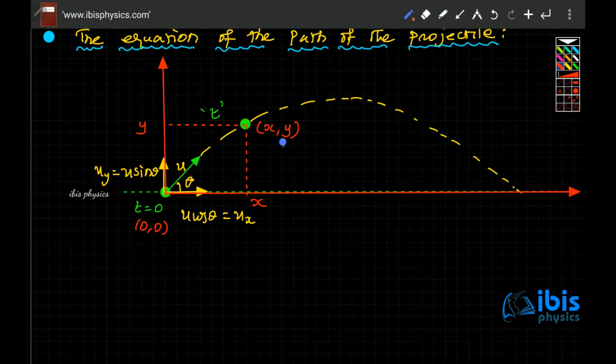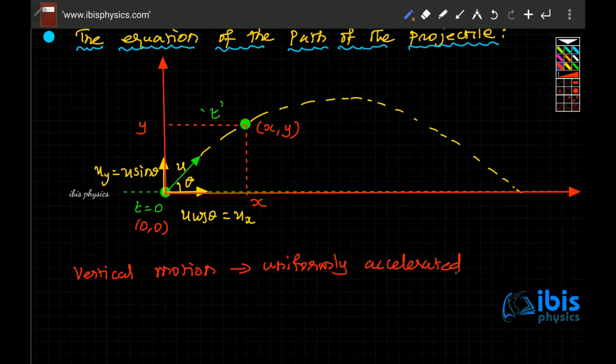You know that acceleration is vertically downward, so the vertical motion is affected by the acceleration. Hence vertical motion is uniformly accelerated, whereas there is no acceleration in the horizontal direction, so horizontal motion is uniform.